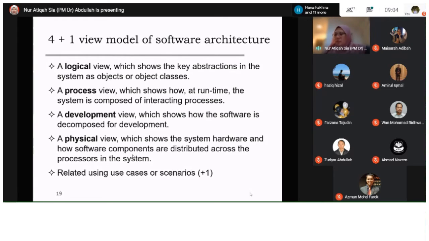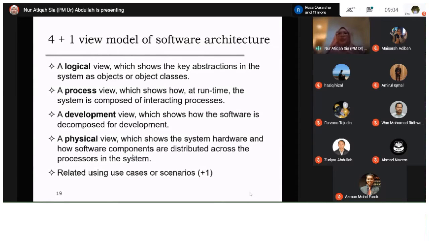Kalau you pernah guna StarUML, white StarUML ataupun any UML software, pada perspektif dia ada 4+1 view. 4+1 view ni membolehkan you buat logical view, process view, development view dengan physical view dan sebagainya. So when we talk about logical view, macam tadi itulah, key abstraction adalah object dengan object.